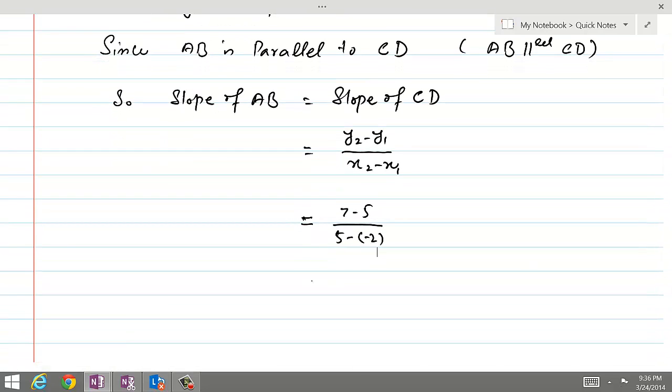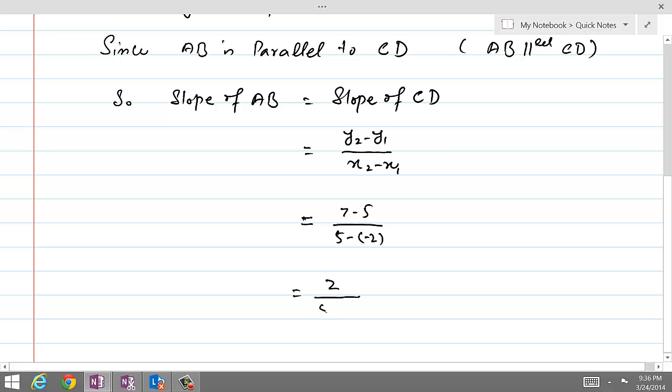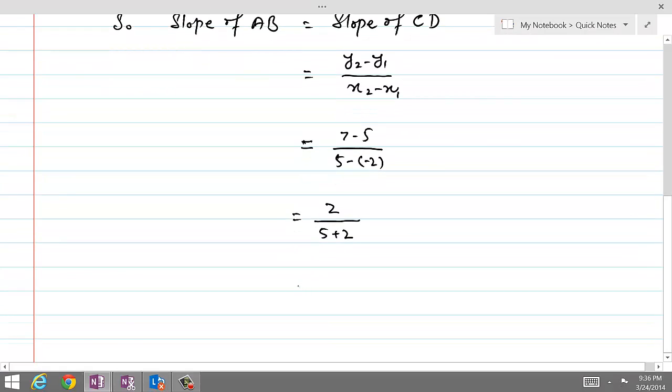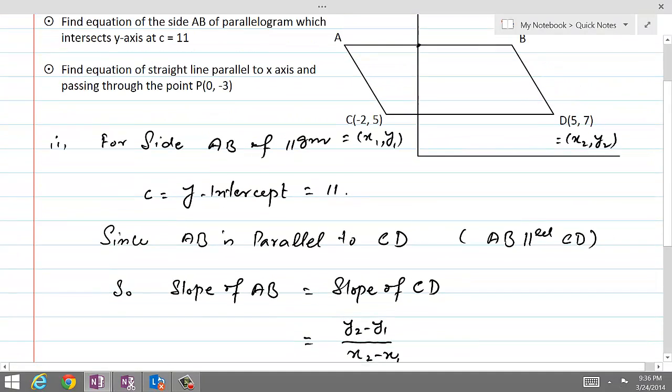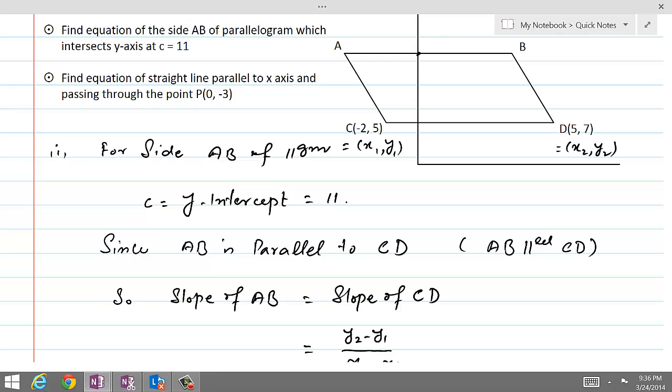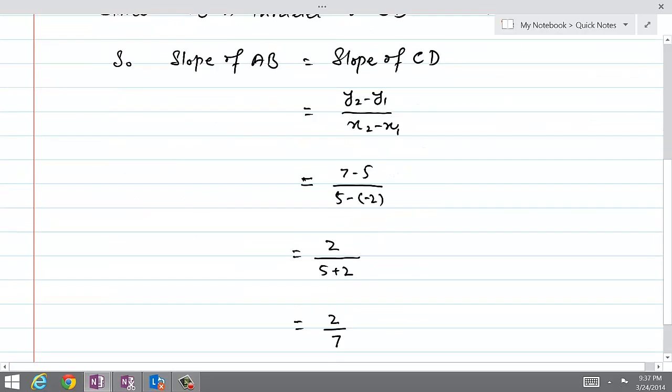This is going to be 2 over 5 plus 2, so this will be 2 over 7. This is the slope of side AB of the parallelogram, for which we already know that the y-intercept is equal to 11.